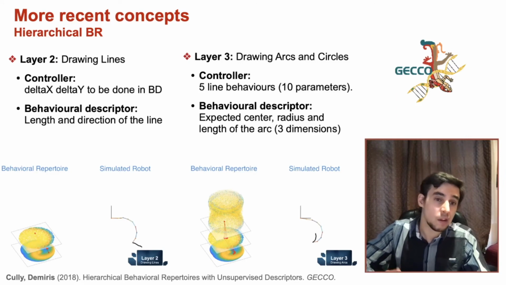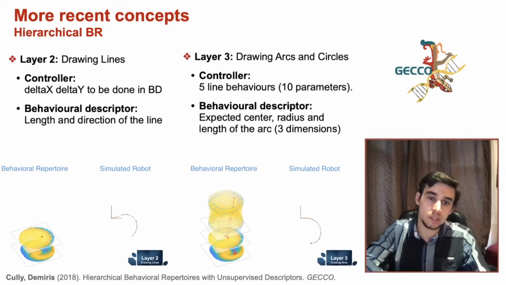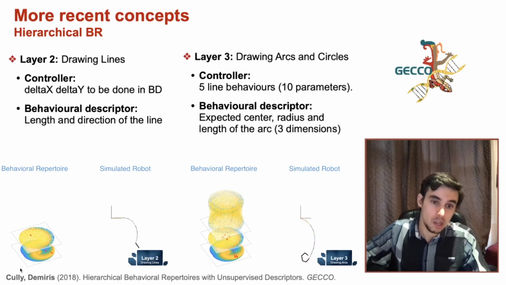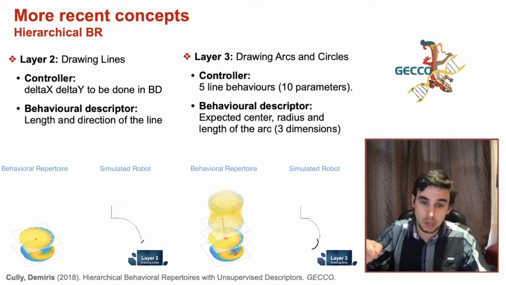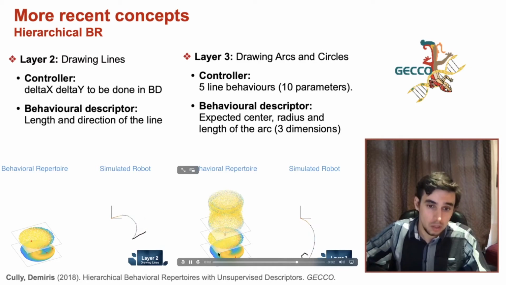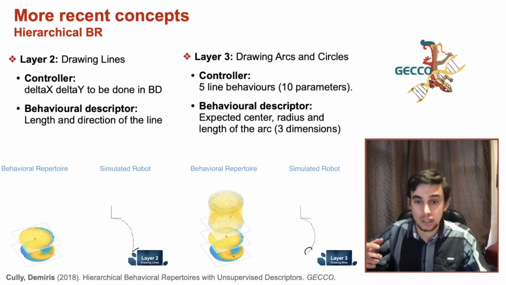And after learning how to reach any point in the vicinity of the robot, we can learn how to concatenate the different points together within a second layer in order to learn how to draw lines of different lengths and directions. Then we can extend this concept: now that we have learned via the second layer how to draw lines, we can learn how to concatenate the lines together in order to draw arcs and circles.